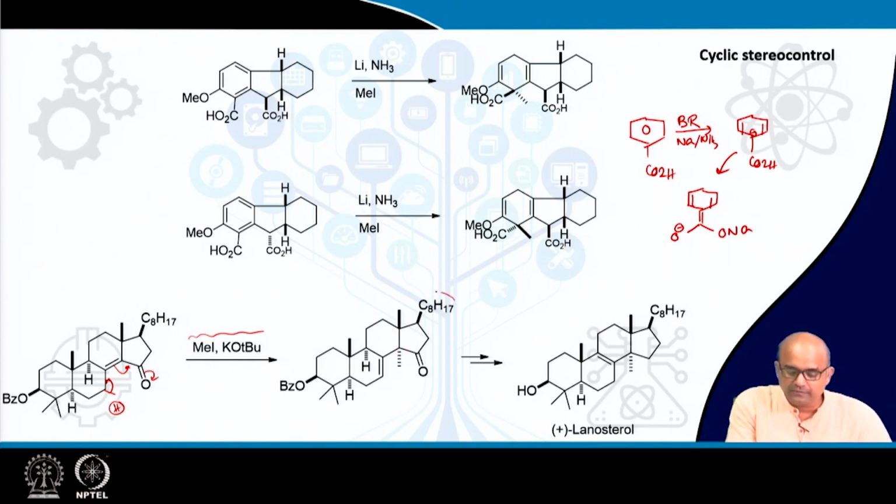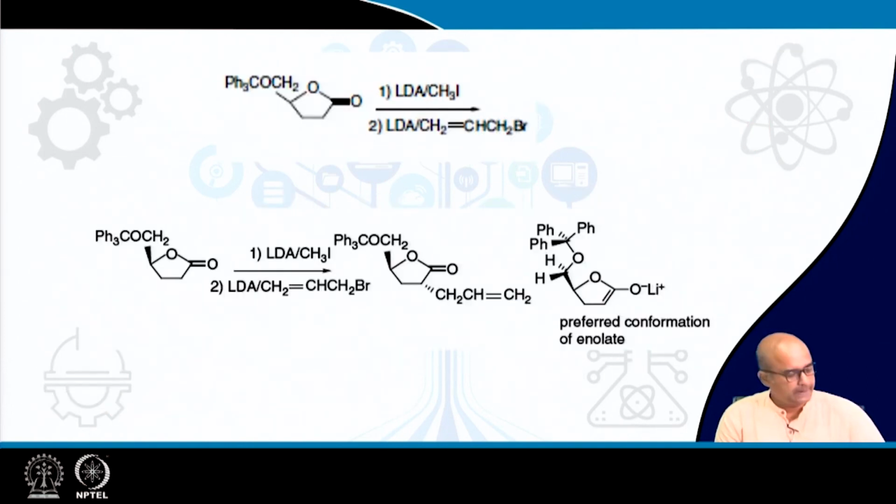Now, see this group is beta, this group is beta, this group is beta. So, methyl is coming to alpha, and this is an intermediate for the lanosterol synthesis in the cholesterol synthetic pathway.